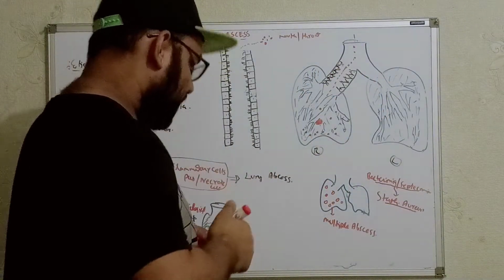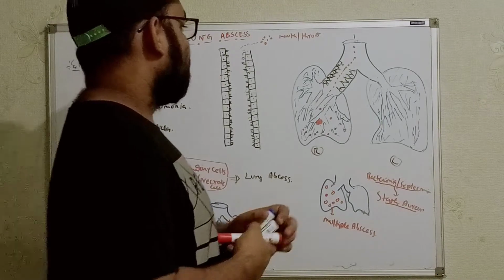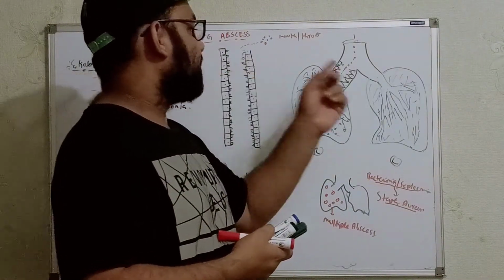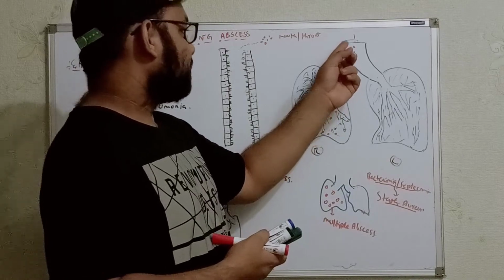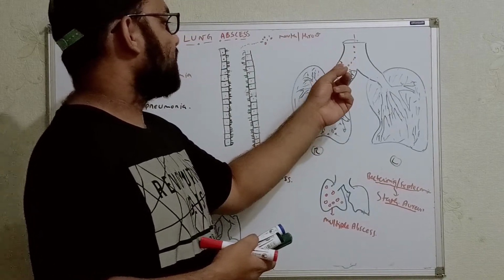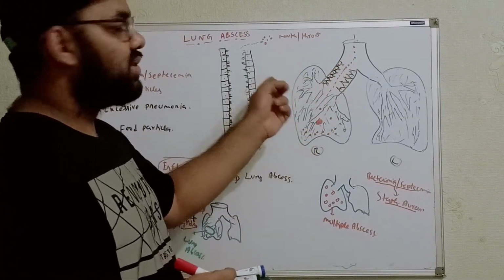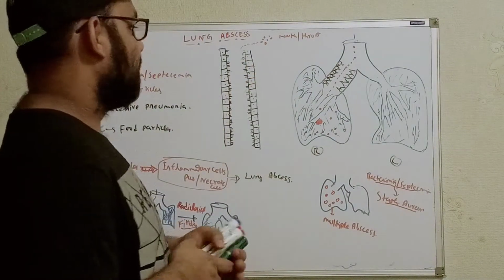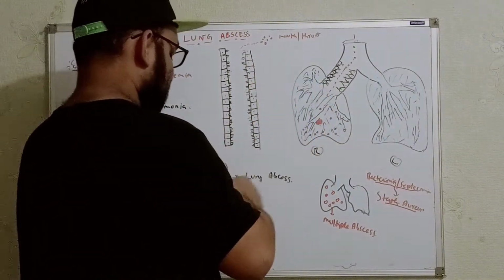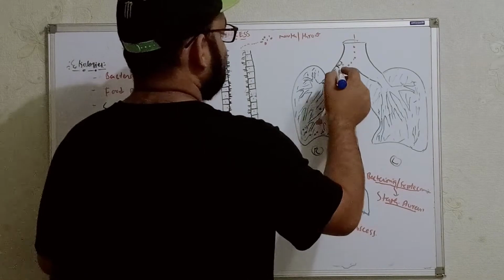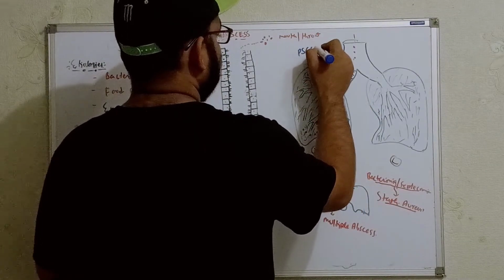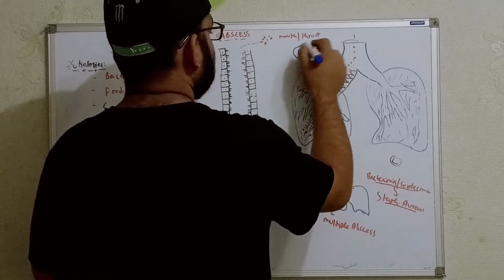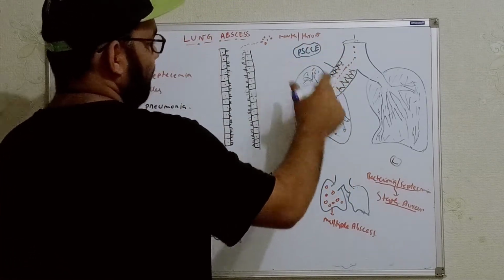Now if we see the structure of the conducting regions, especially the bronchial structures, try to understand the lining of the bronchial structures. They are lined by pseudostratified ciliated columnar epithelium. So we'll write pseudostratified ciliated columnar epithelium.